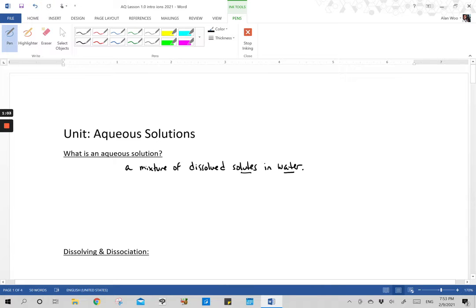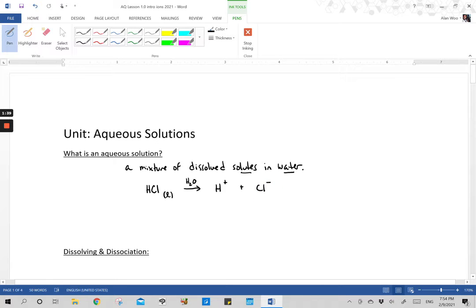But not every type of aqueous solution is similar to each other. We do have ways of representing aqueous solutions. If you look at this example here, if I take something like hydrochloric acid, which is typically a liquid, and you were to add water to it, it would form H+ ions and Cl- ions.